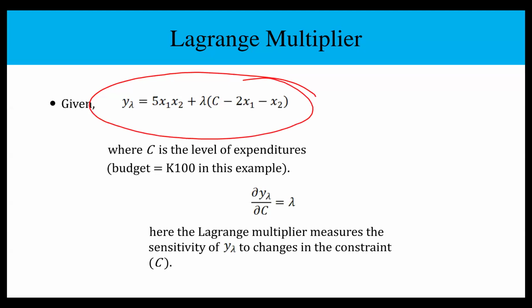Basically, the Lagrange multiplier measures the sensitivity of the augmented function to changes in the constraint. How sensitive is the augmented function, the Lagrange function, with respect to changes in the budget constraint?